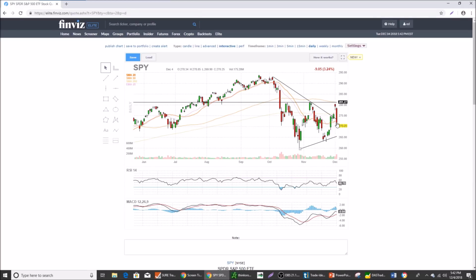I'm expecting a pullback to potentially this level tomorrow, or before the end of the week, and then another assault on this 281 level. So, you know, we'll see in the coming days what's going to happen.